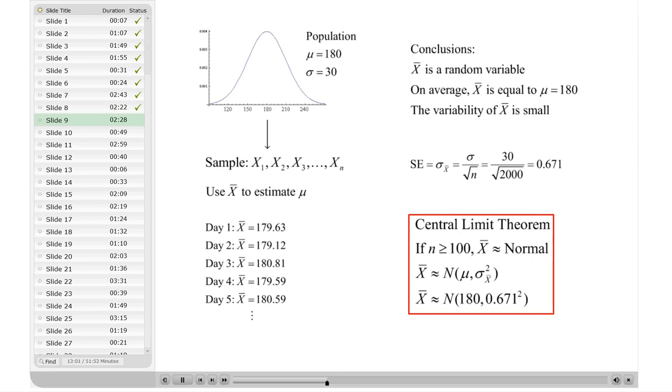So if the standard deviation of X bar is sigma sub X bar, then the variance of X bar is sigma sub X bar squared. And so that's why this equation says X bar is approximately normal with mean mu and variance sigma sub X bar squared. So for this particular example, X bar is approximately normal with mean 180 and standard deviation 0.671. And we'll be able to use this in order to actually calculate some probabilities, as we'll see on the next slide.